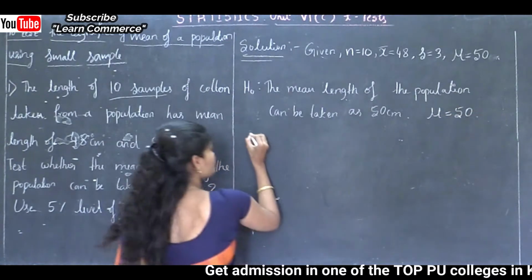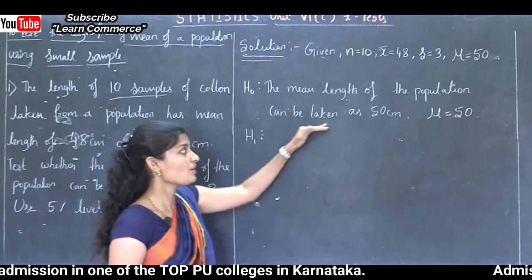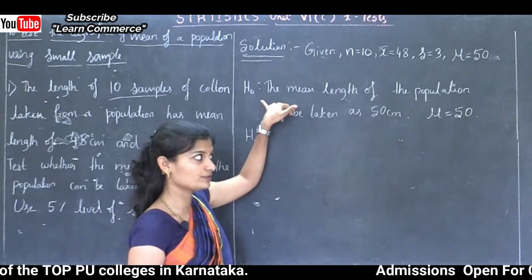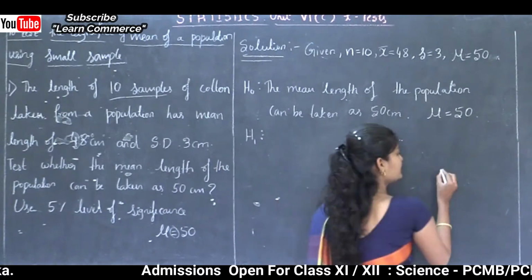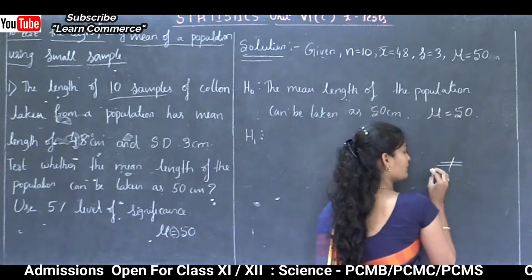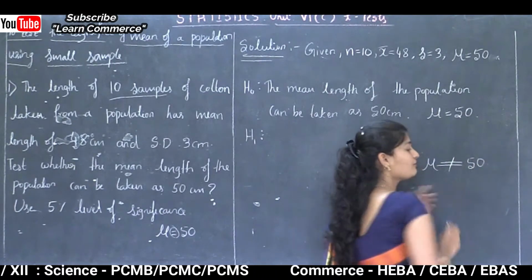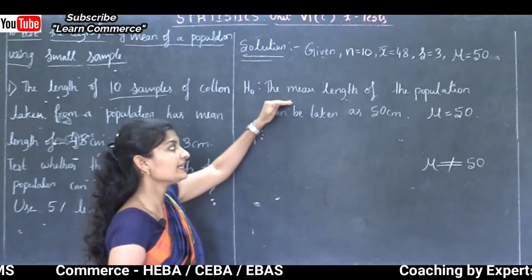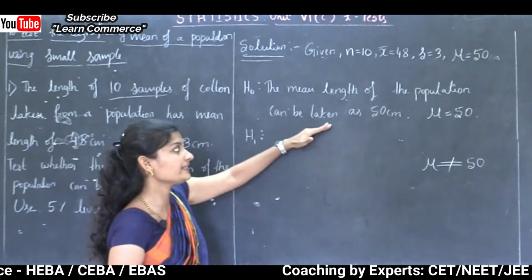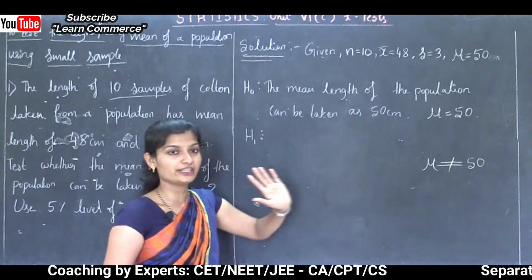Then what is step 2? Step 2 is setting up of the alternative hypothesis, that is the possible rejection of the null hypothesis. If it is an equal-to type, the possible rejection is not equal to. So we can write mu not equal to 50 centimeter. When it is mu not equal to 50 centimeter, the mean length of the population cannot be taken as 50 centimeter, then we can say mu is not equal to 50.